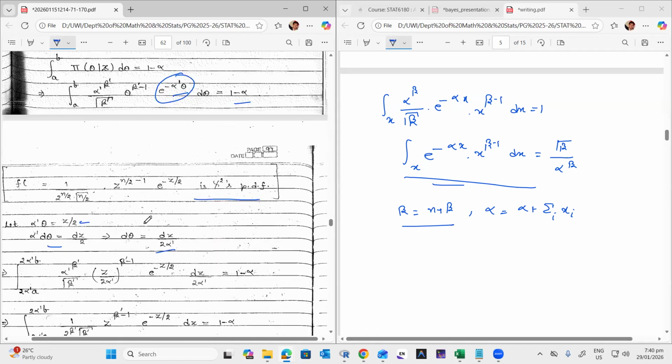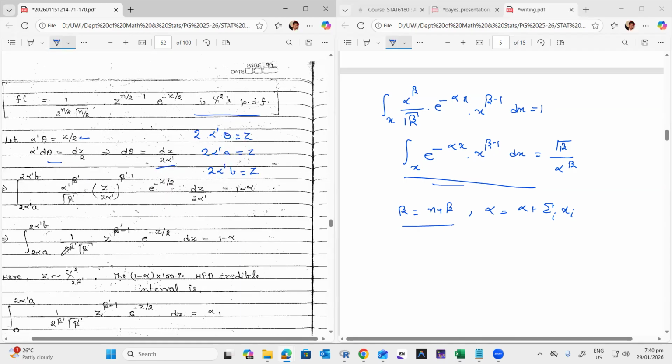So now the limit will change, alright, because 2 alpha dash theta equals z we considered. So when you put a and b instead of theta, it will become 2 alpha dash a equals z and 2 alpha dash b equals z.